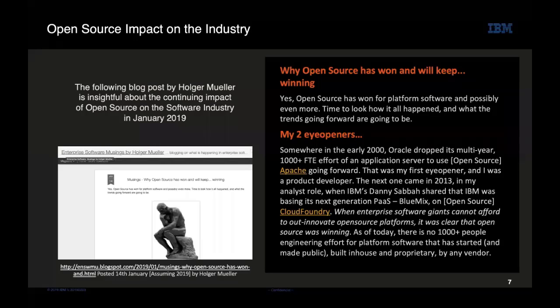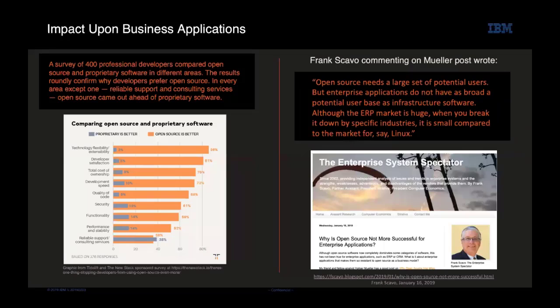Holger Mueller made a great comment about his perception of how open source was ultimately going to win the wars, because companies could no longer afford to fund proprietary software development because open source is a lower cost means of developing.